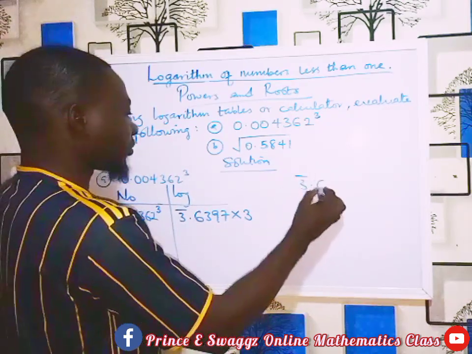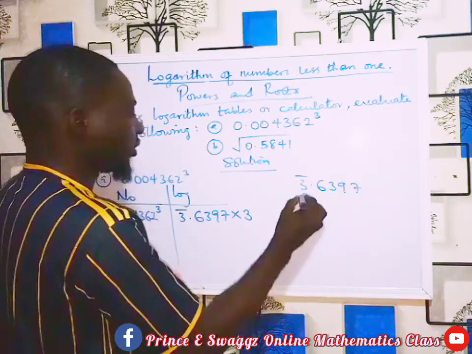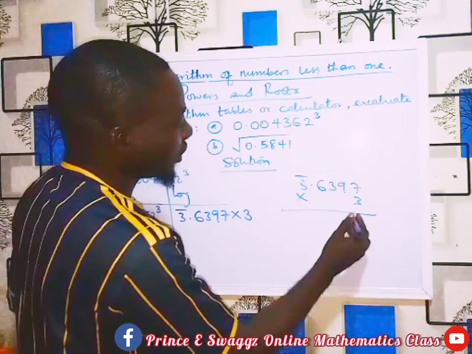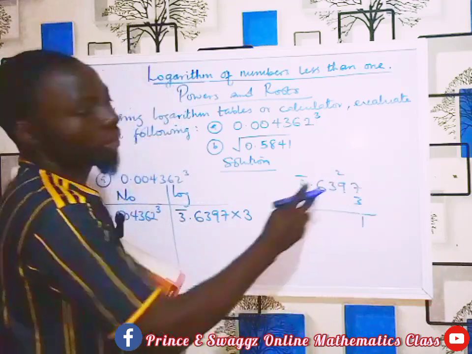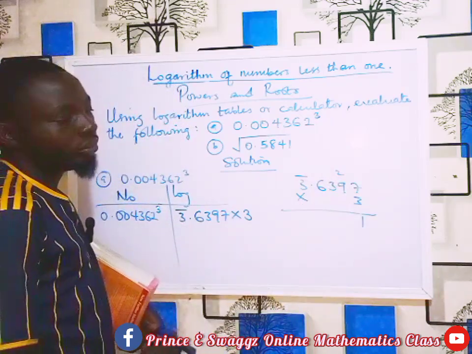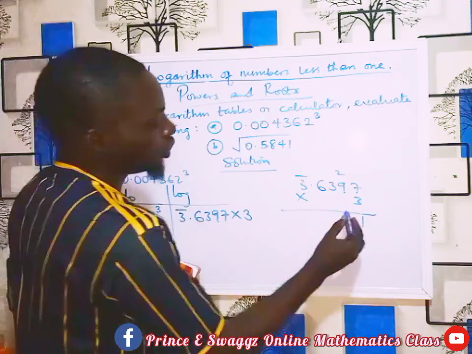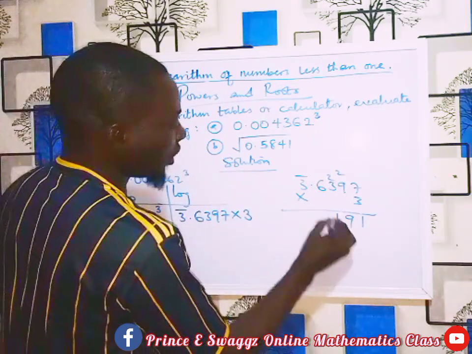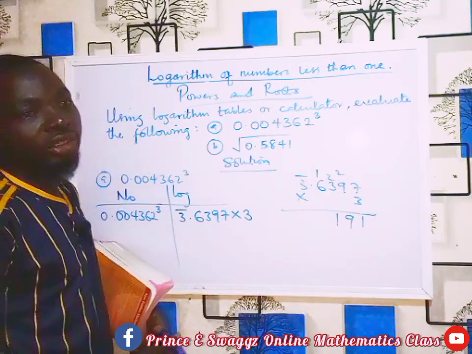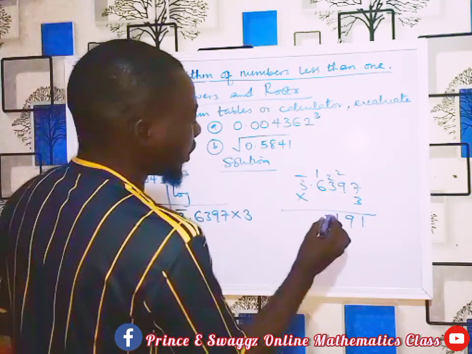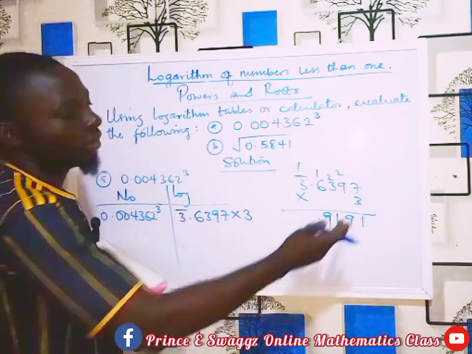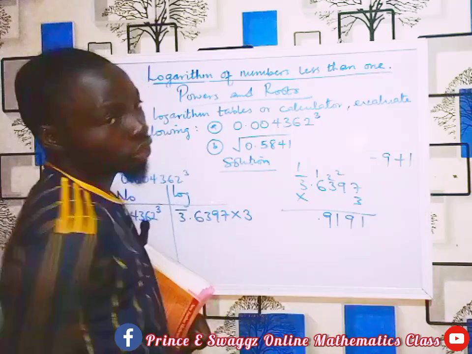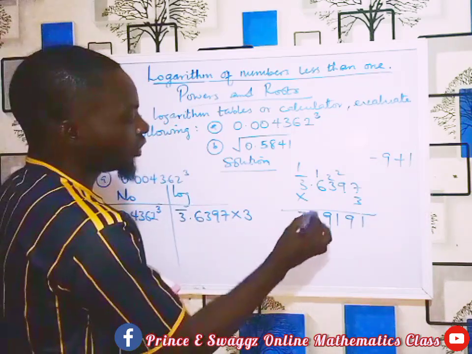Bar 3.6397 times 3. 3 times 7 is 21, that's 1 keep 2. 3 times 9 is 27 plus 2, 29, keep 2. 3 times 6 is 18 plus 2, 20, keep... 3 times 6 is 18 plus 1, 19, keep 1. 3 times minus 3 is minus 9, minus 9 plus 1 that you keep is minus 8.